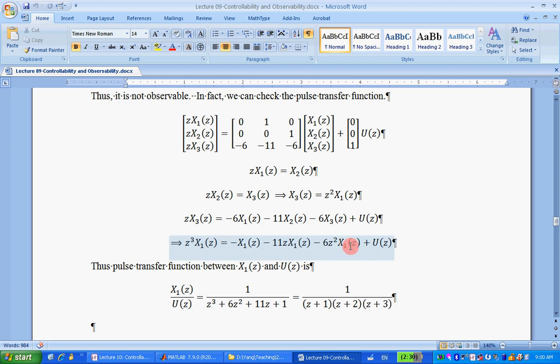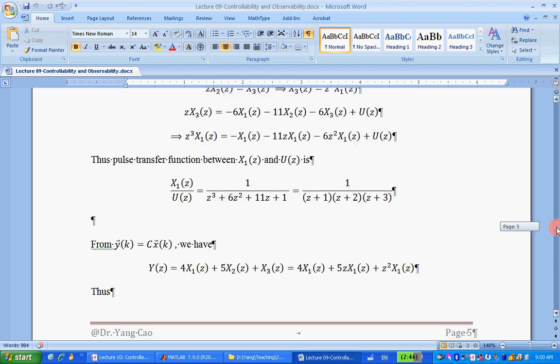From here, there's this U(z). Based on this, we can derive the relationship between x1(z) and U(z), which is basically this. And then I have y(k) equal to Cx(k), so we have Y(z) in terms of x1, x2, x3 if you take the z transform on both sides.